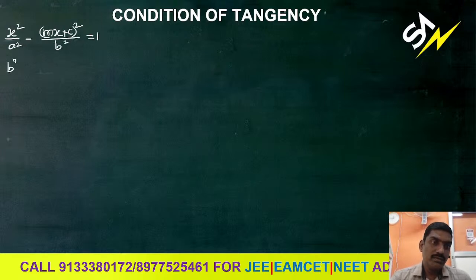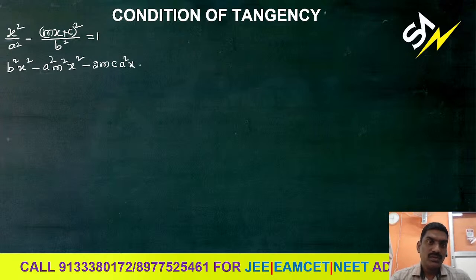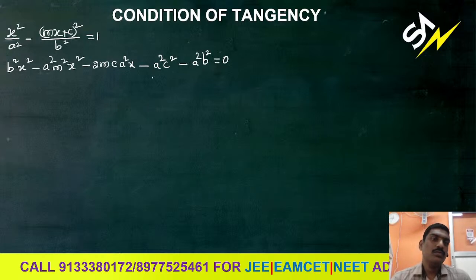So here what we are getting, b square times x square minus a square m square x square minus 2mc a square x minus a square c square minus a square b square equal to 0.